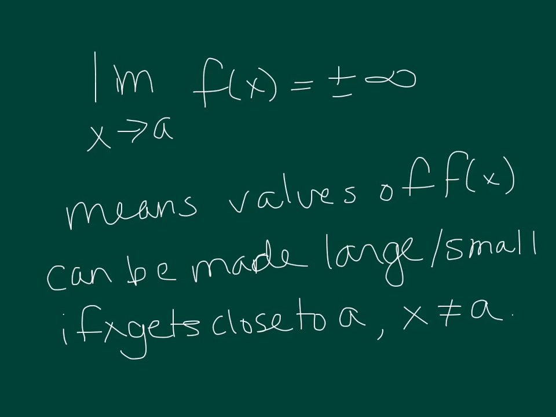But as we know, x cannot equal a, so we're not necessarily looking at a direct substitution. Many of the times those will be undefined values. So that's what we want to use as our definition for going off to positive or negative infinity as x approaches a number a.